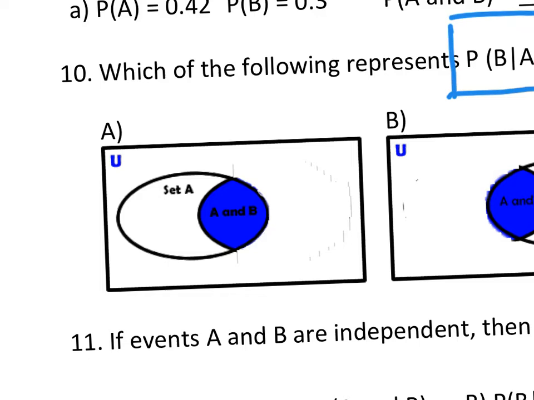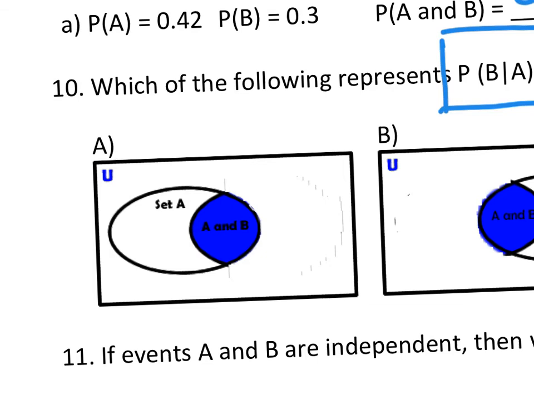And of that A set, A and B would be the part where B would happen. So the probability of B given A is the probability that A and B happen, this section here, compared to the whole A.